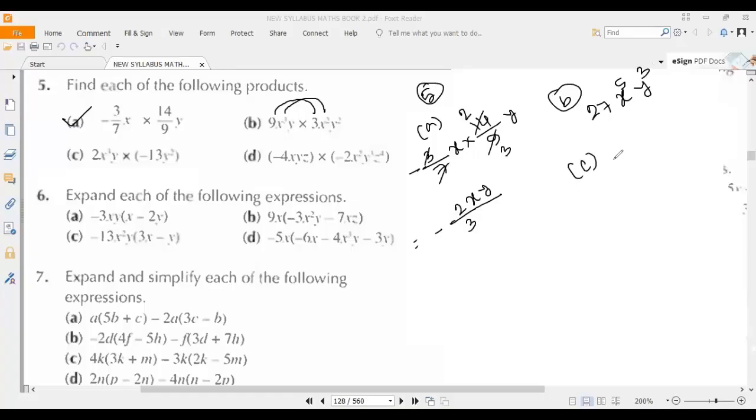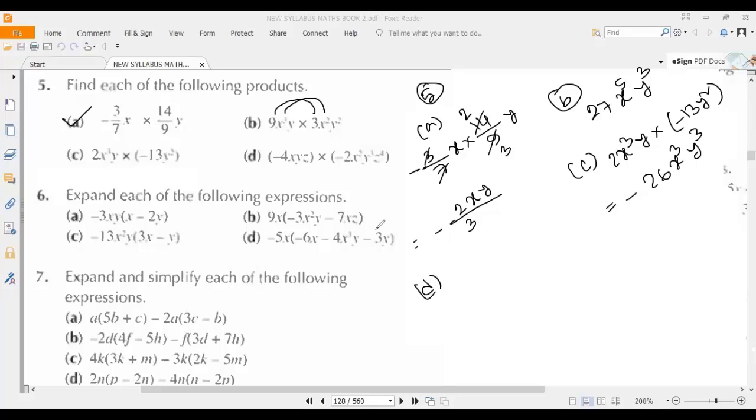Then number C, 2x cube y. So 2x cube y multiplied by minus 13y square. So minus 13 2s are 26, x cube, y into y square will be y cube. Simple.